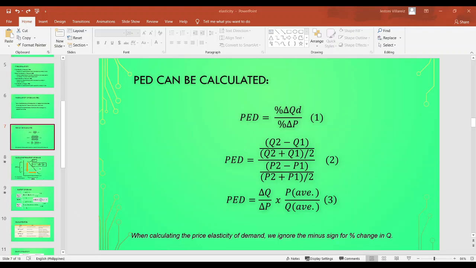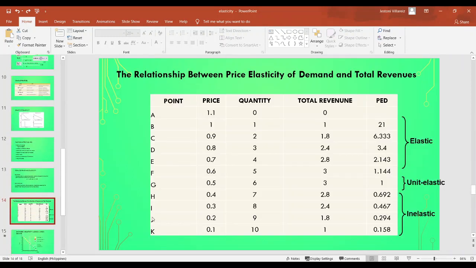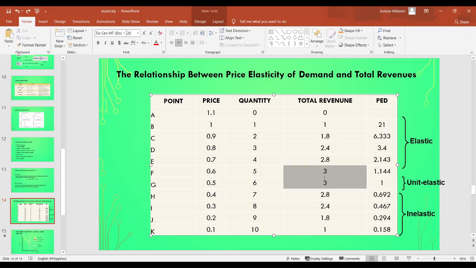If you can see, even though the price changed from 0.6 to 0.5, total revenue is the same, 3, and then we are at unit elastic. So it supports our concept and theory.